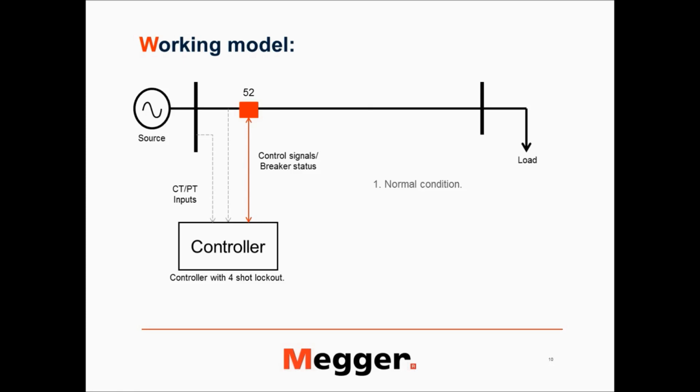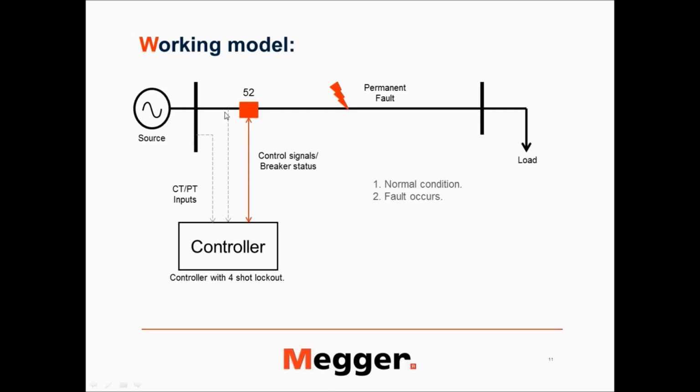And imagine there is a fault. For our understanding, to see what a 4-shot lockout will look like, we'll imagine a permanent fault that happens in the transmission system. That will be the second step. Once that fault occurs, naturally, your source will supply the fault. So the amplitude of current goes up, the voltage goes down, and that is sensed by the controller.